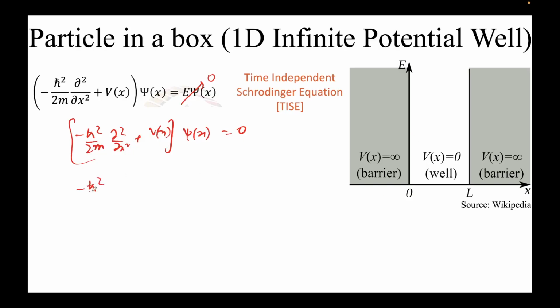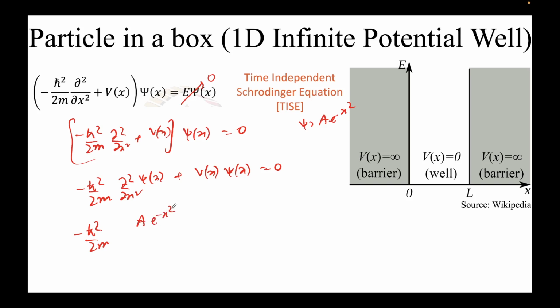So let's do that, h cut square by 2m del square by del x square, multiplying psi x here, plus V(x) times psi(x) equal to 0. Remember, psi is a e to the power minus x square. So let's take the first derivative. It will come out to be a, the exponential will remain the same.